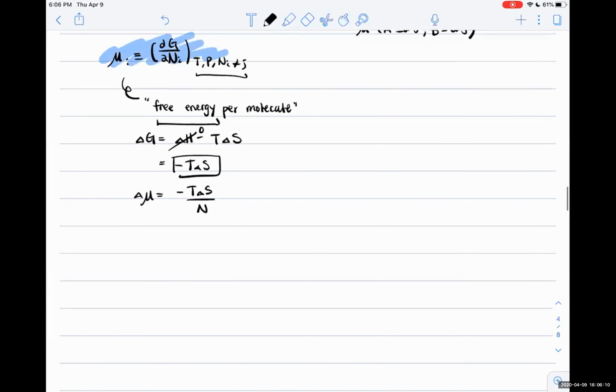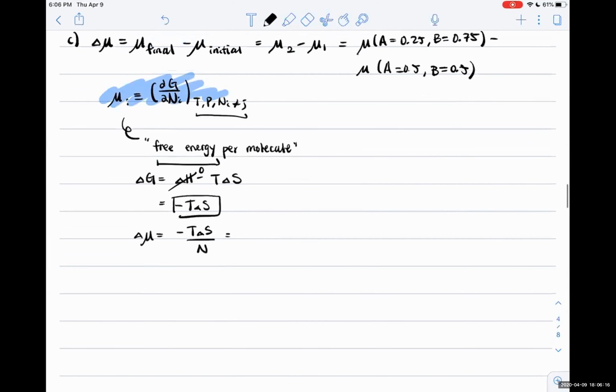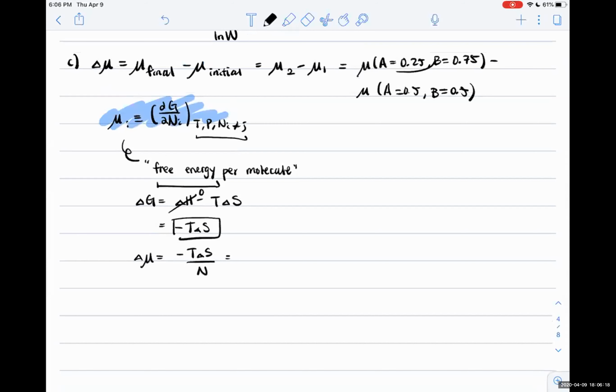So now let's expand this formula. Because we are given that A is 1/4 and B is 3/4, it's really convenient to use the probabilistic definition of entropy.